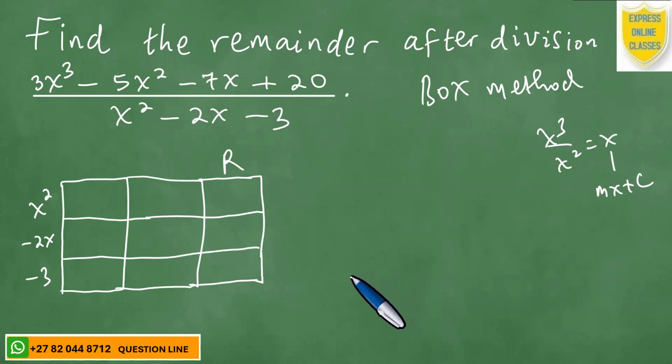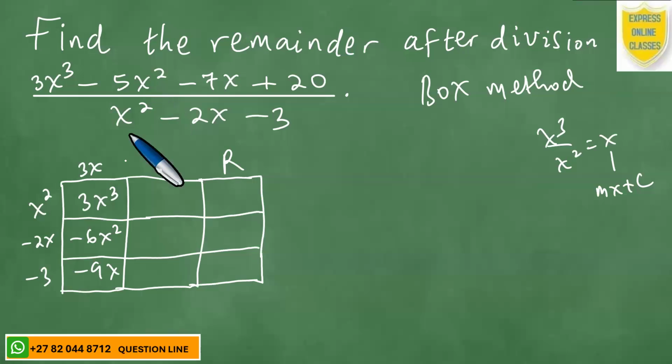Drawing the horizontal lines this way, there are a couple of things we shall take into account. We divide 3x cubed by x squared. We get a 3x. Multiply x squared by 3x, we get 3x cubed. Minus 2x times 3x gives us minus 6x squared. Minus 3 times 3x is minus 9x.